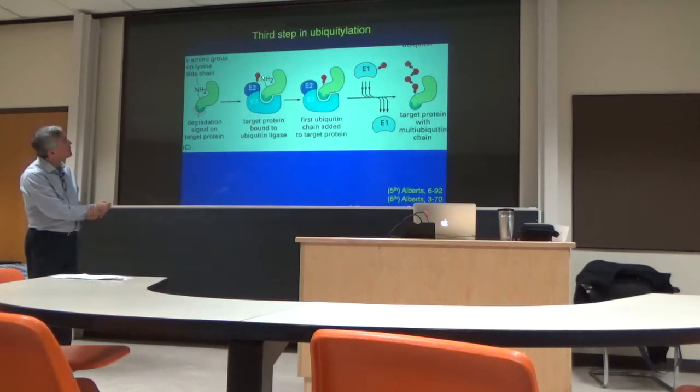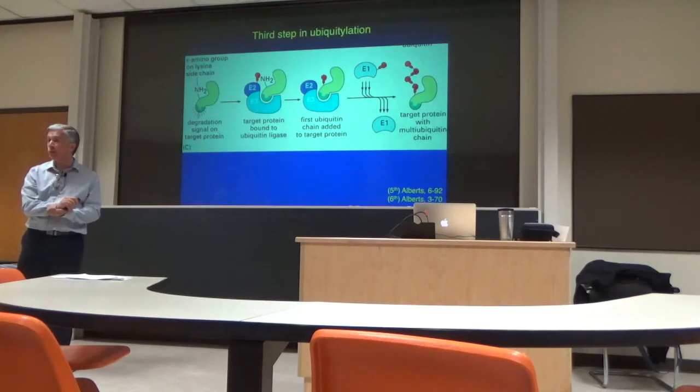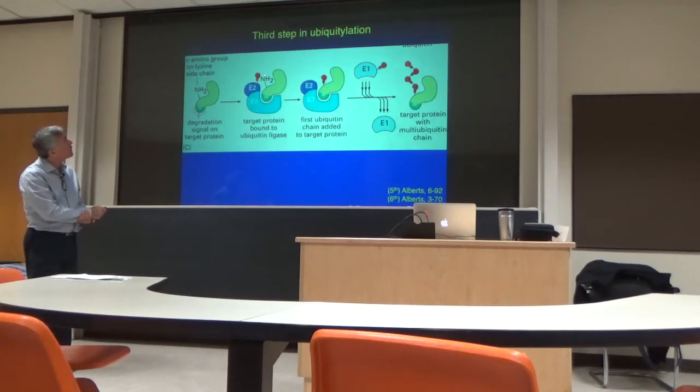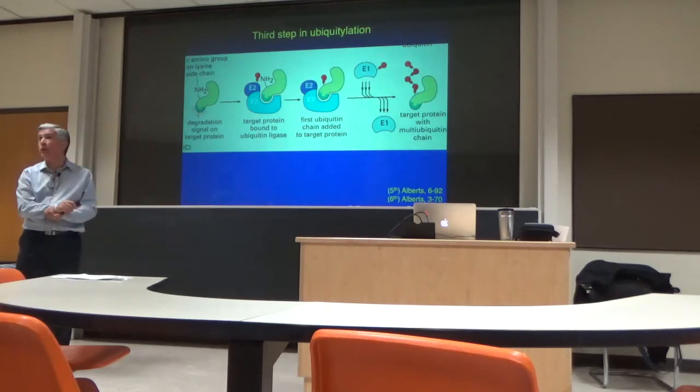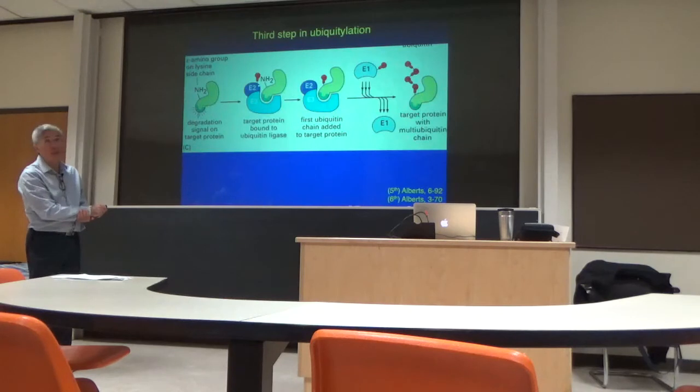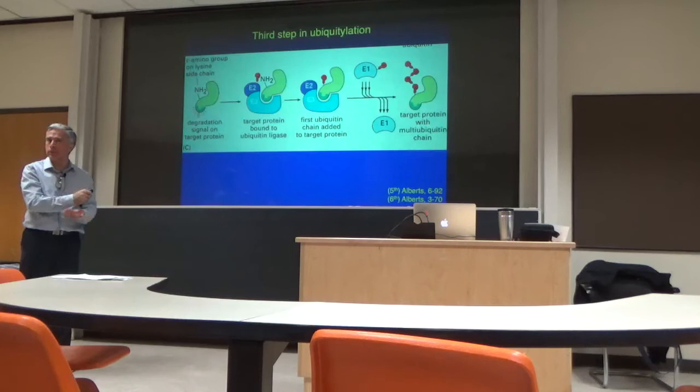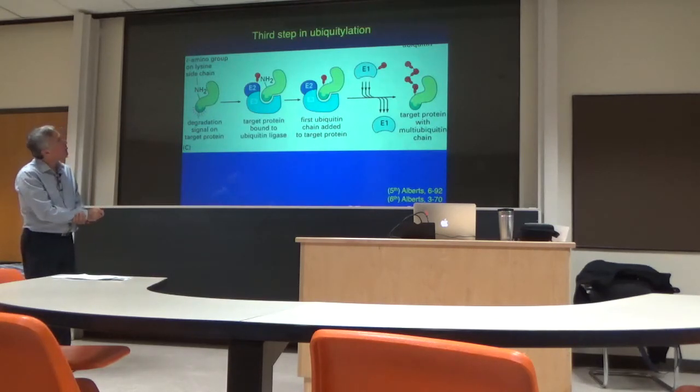This is a lysine that has an NH2 side chain at the end, and transfers the ubiquitin right there on top. Again, a covalent bond. Now this is a bond between a carboxyl group and an amino group. So that is going to be very much like a peptide bond, but it's not a true peptide bond. So they call it an isopeptide bond. So it's right there.